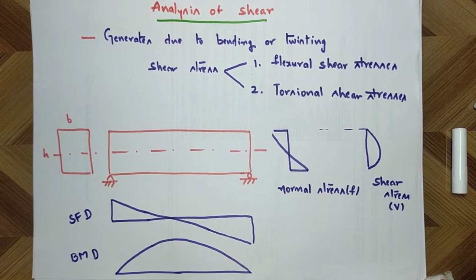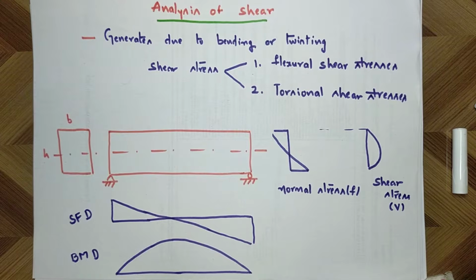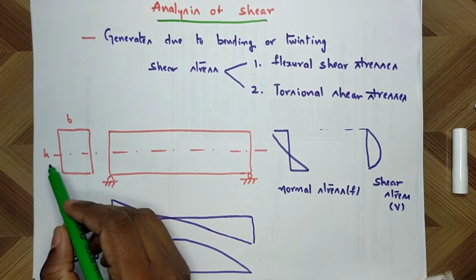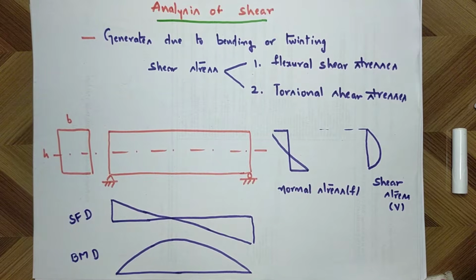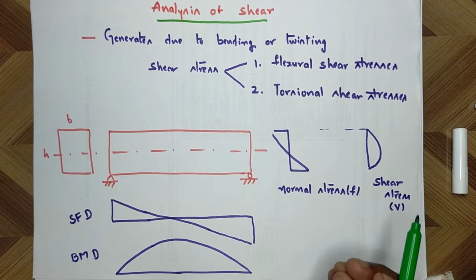Here I am taking a prestressed concrete beam of size b by h. Small b is the width, small h is the height of this beam. If you observe, there will be two stresses.